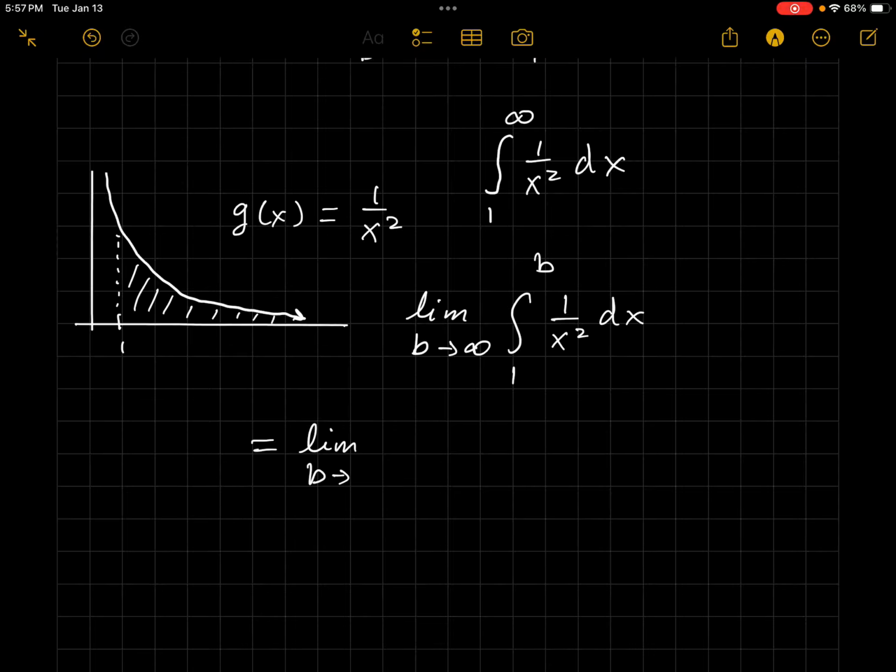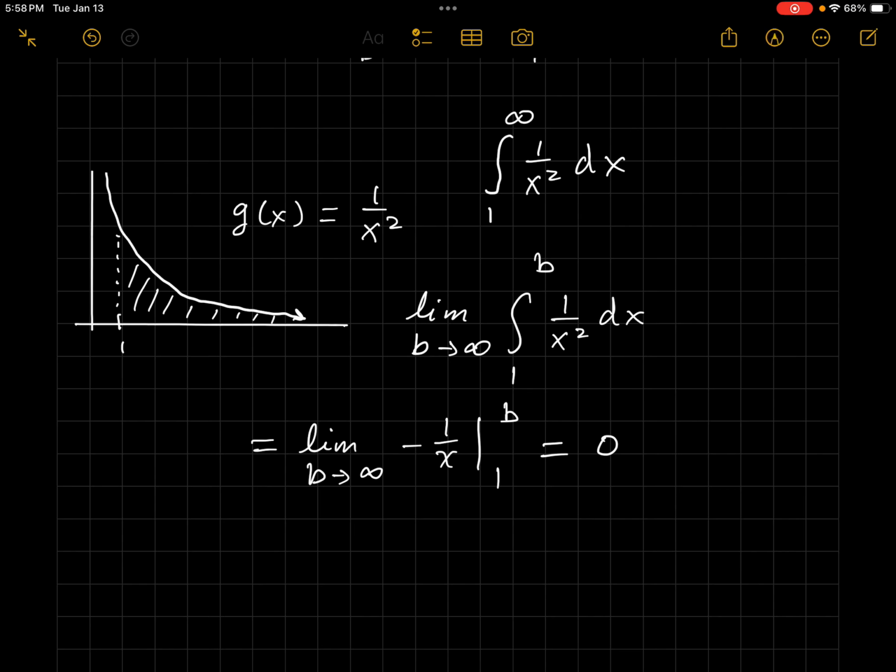We will rewrite the limit as b goes to infinity, but we will find the antiderivative using our power rule, from 1 to b. Now I know that b, quote unquote, equals infinity. I'm going to plug it in in my mind, so I have negative 1 over infinity, which is really, really close to 0.